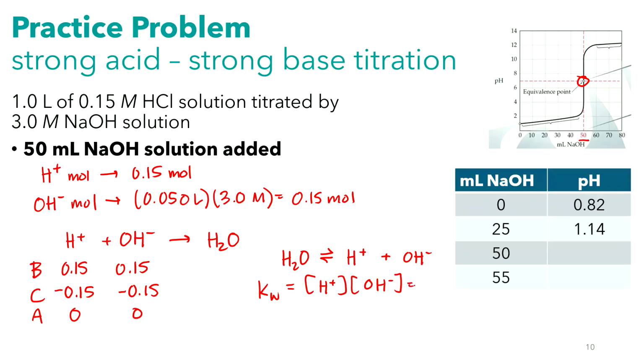We know that at room temperature, that's 10 to the negative 14th. At this point, I don't have anything changing H plus and OH minus. Those should be equal. In other words, each one of those concentrations is 10 to the negative 7th. So the pH, the negative log of 10 to the minus 7th, is just 7. We have neutral water here.